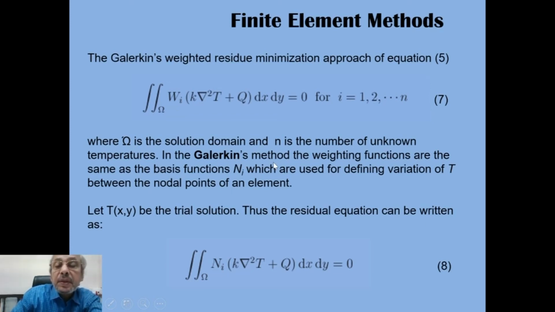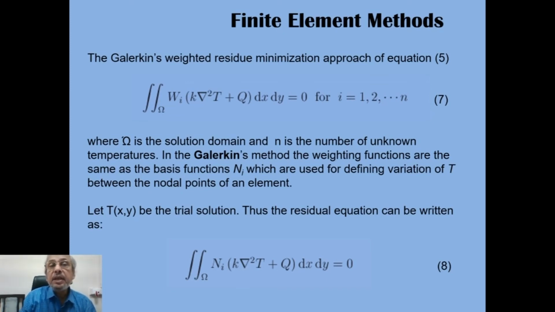In Galerkin's method the weighting functions are the same as the basis functions Ni, which are used for defining variation of T between the nodal points of an element.